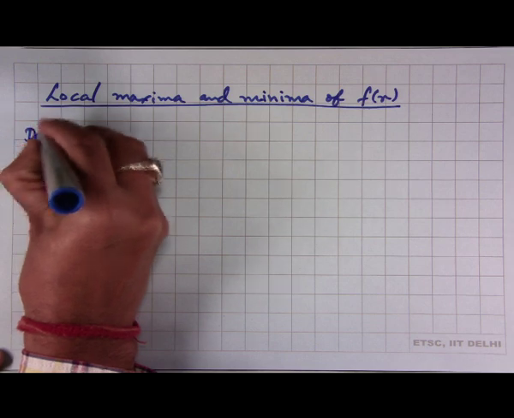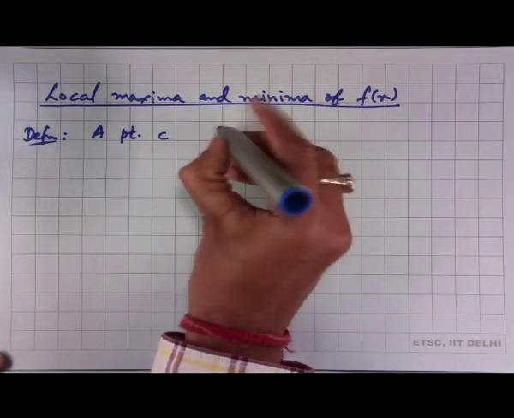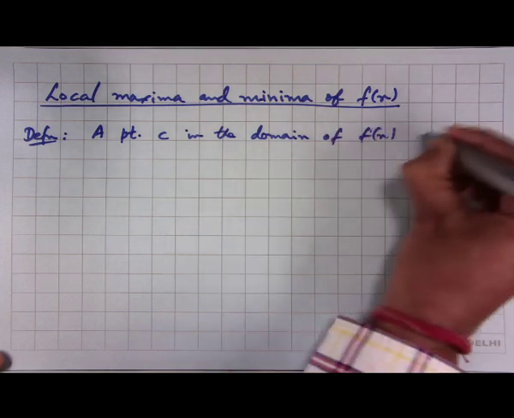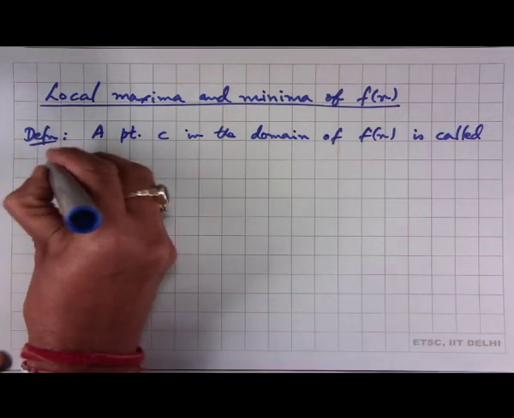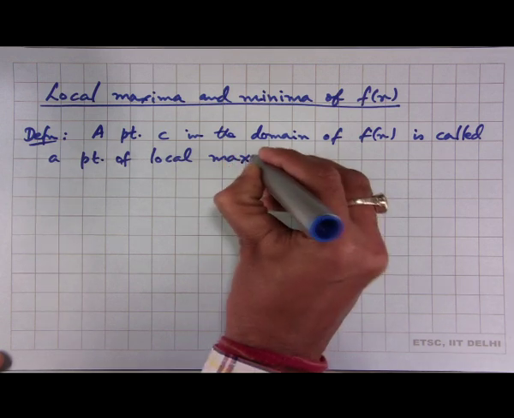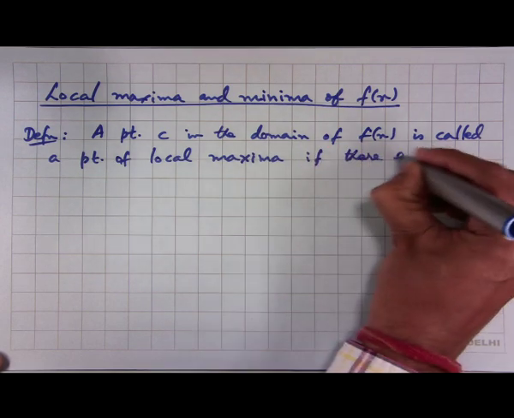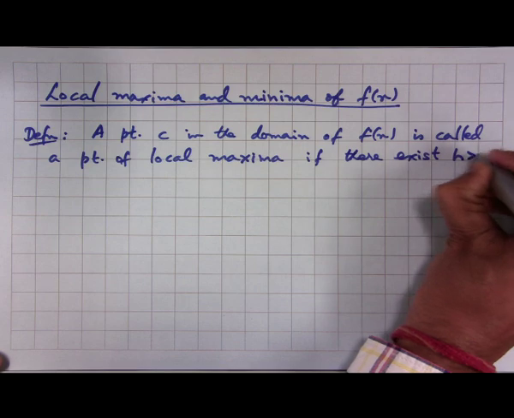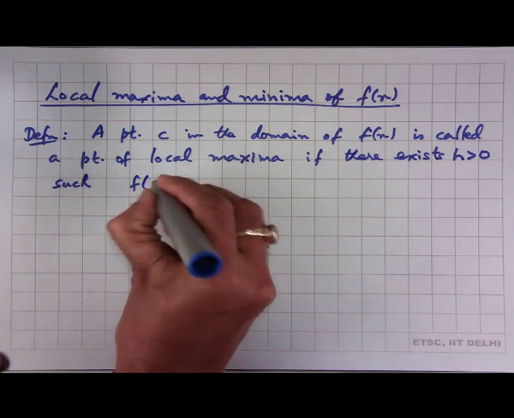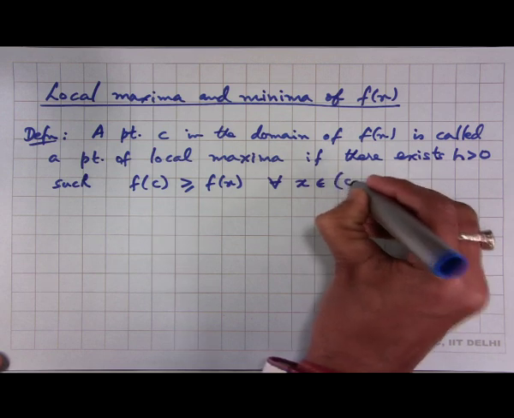A point C in the domain of f of x is called a point of local maxima if there exists some real number h positive such that f of c is greater than or equal to f of x for all x in the open interval c minus h to c plus h.